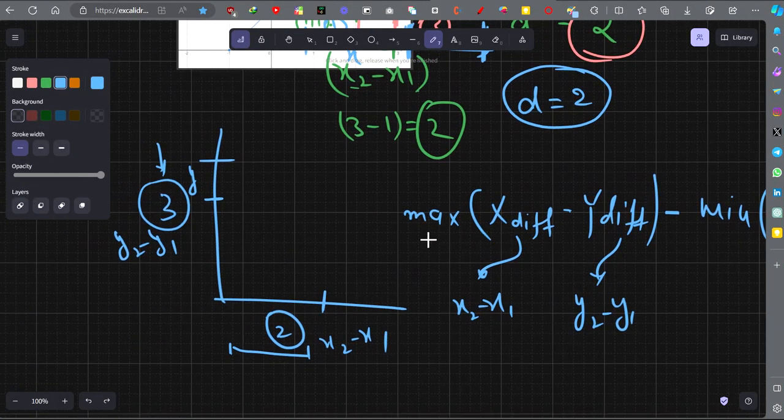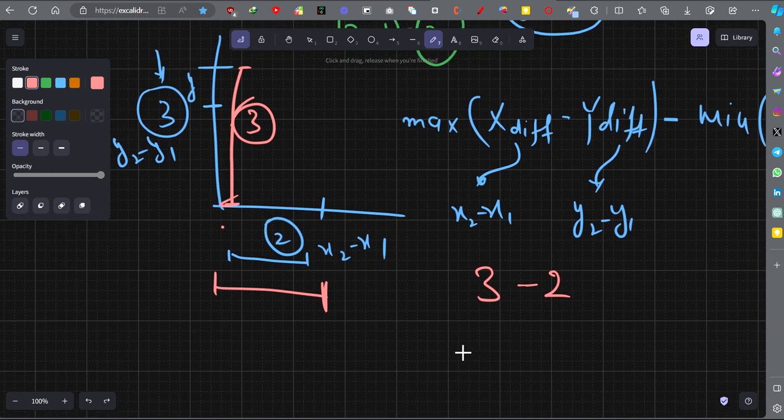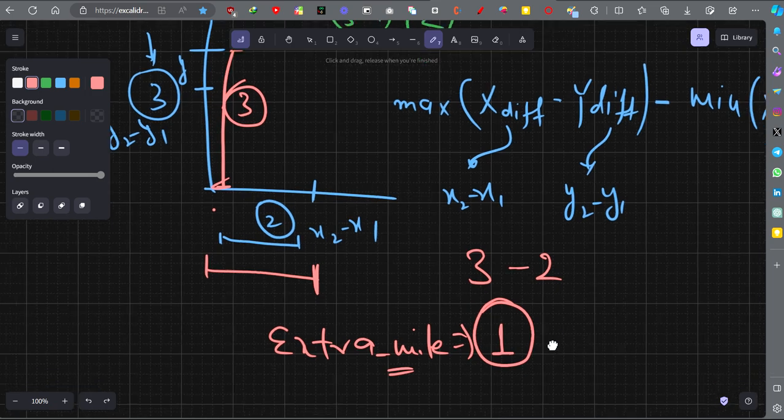So if you take the maximum distance you have to cover in either the x or y direction, that is a distance of 3 that you have to cover in the y direction. So the maximum distance is 3, but the minimum distance, the allowed cover, is 2. So the extra mile that you have to cover in either the x or y direction is this one distance.